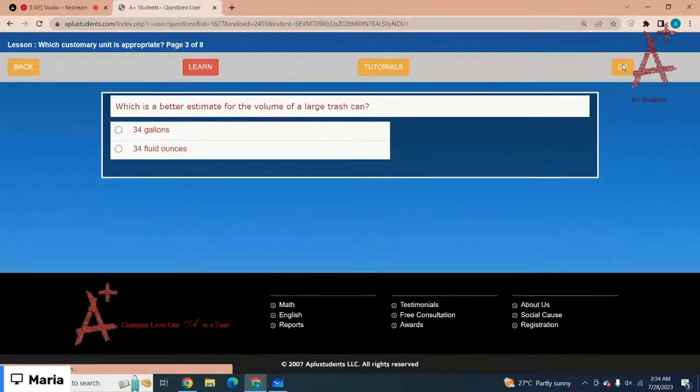Very good. Okay, the next one is which is the better estimate for the volume of a large trash can, 34 gallons or 34 fluid ounces, which is the correct option?